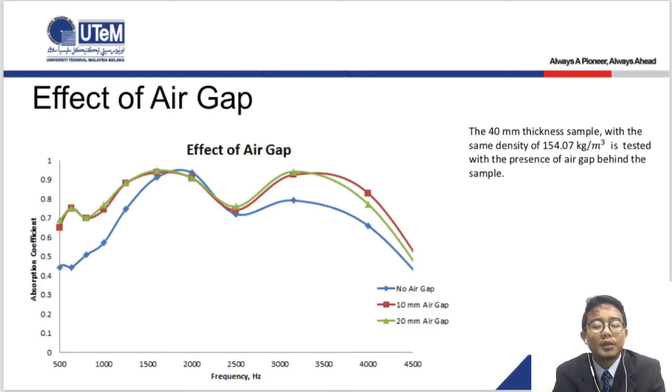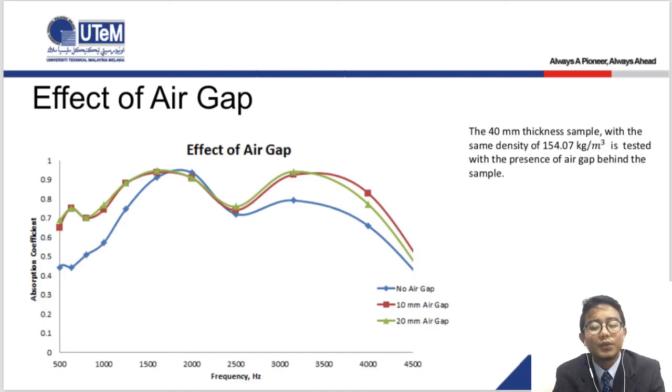From the graph, the sample with no air gap reached the peak at the frequency of 2000 Hz with 0.9 absorption coefficient, compared to both samples with air gap, which reached the peak at 1600 Hz. This is because the sound energy passed through the fiber and directly to the wall and reflected back towards the fibers where there is no air gap behind the sample.